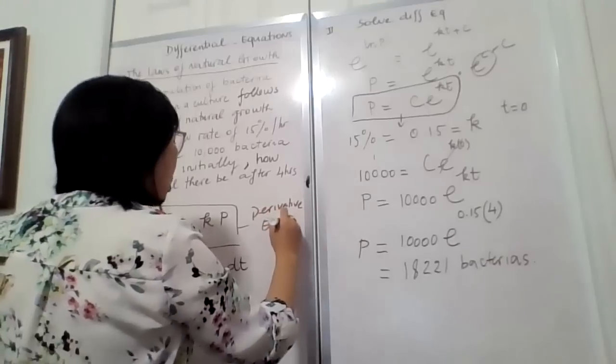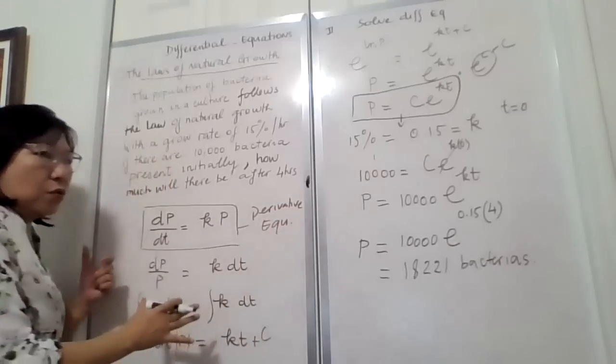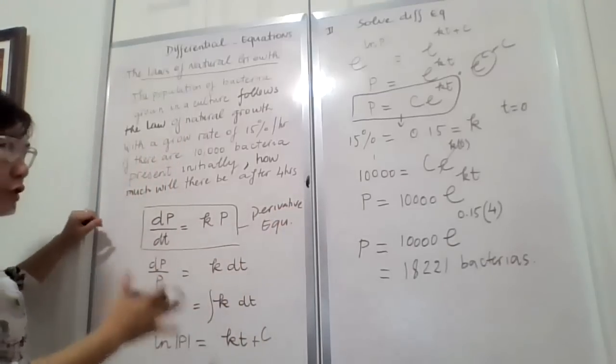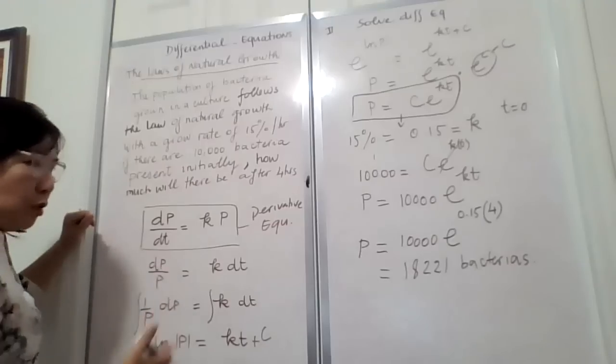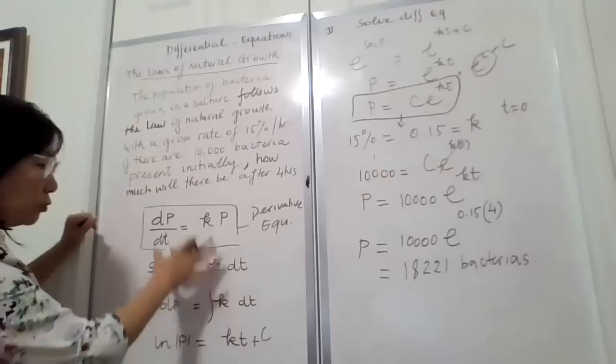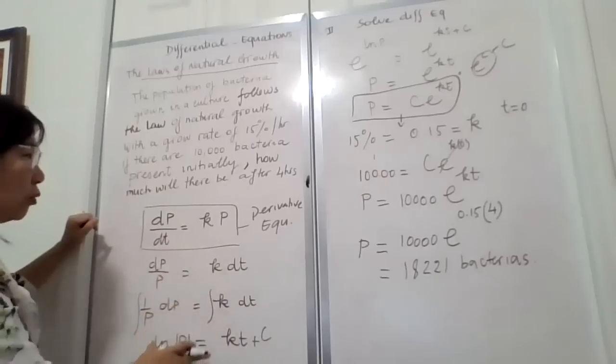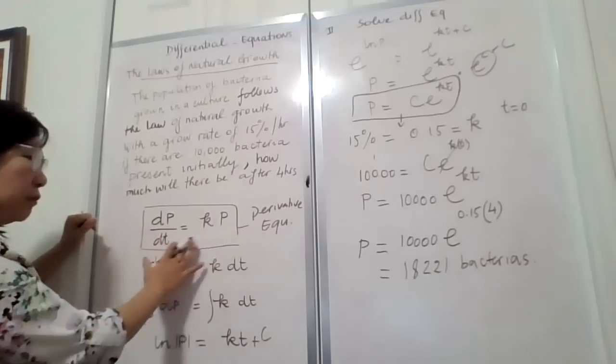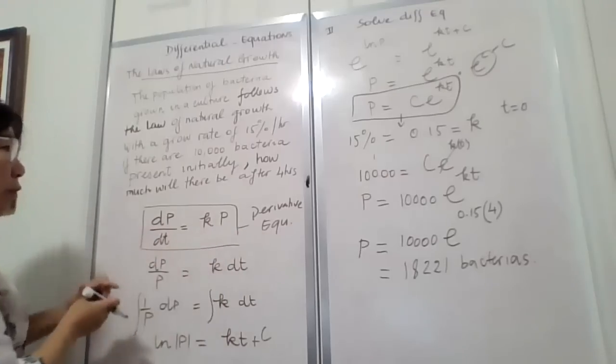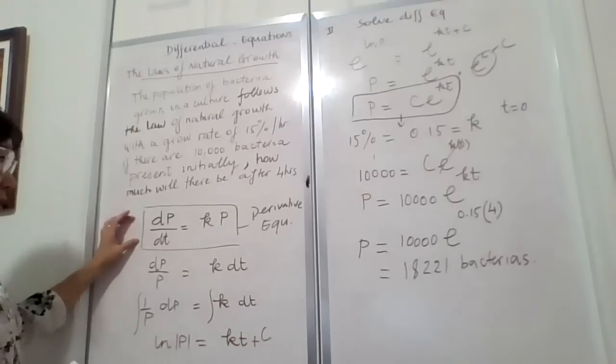It's not the initial function of the population. So to derive the function of the population, we have to solve this derivative equation, and we call it a differential equation.